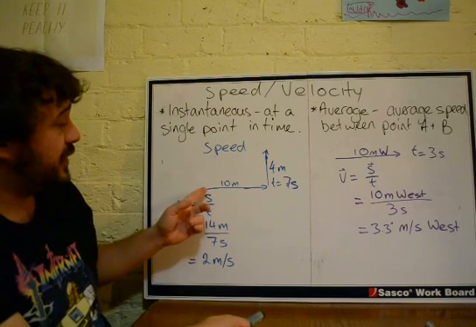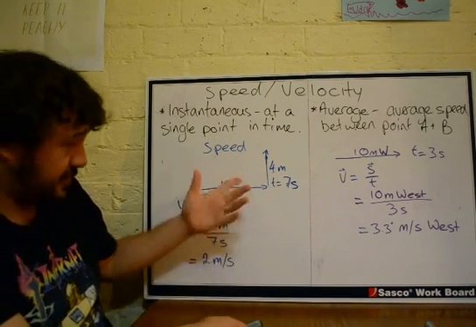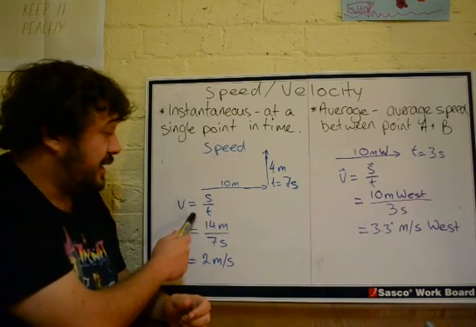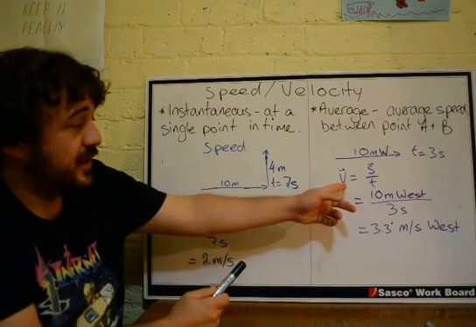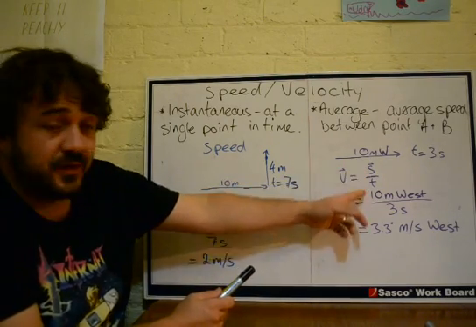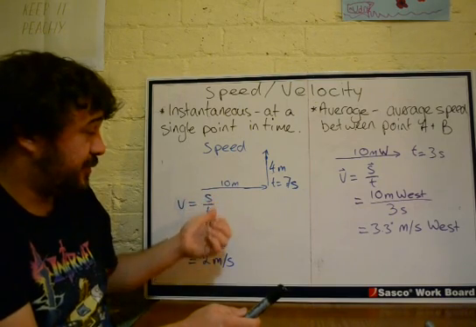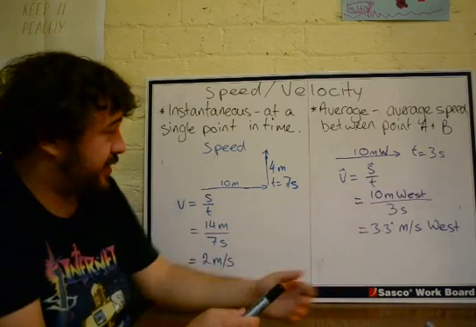So we've travelled 10 meters in this direction, 4 meters in that direction. Well, actually, we'll look at the formula first. This is our formula. Speed equals distance over time, and over here it's velocity equals displacement over time. And that's why it's meters per second, meters per second, whatever direction.